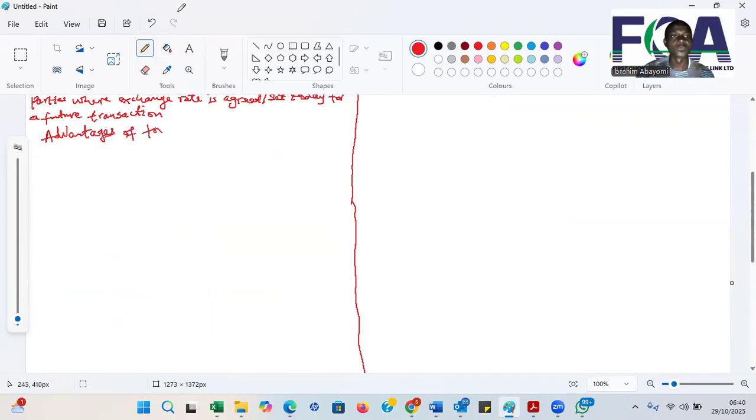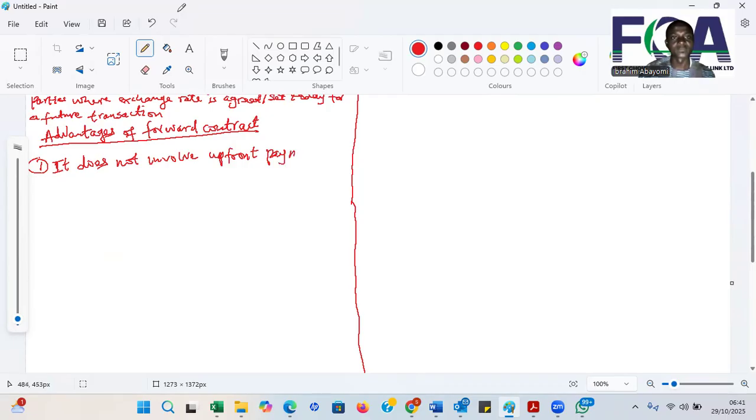Advantages of forward contract. One, it does not involve upfront payments.